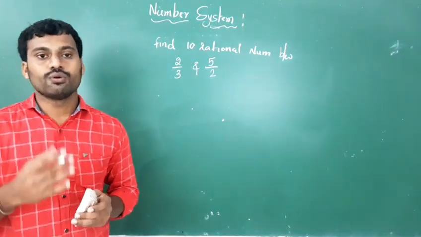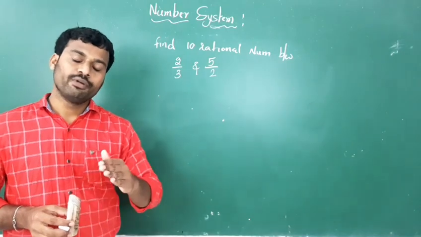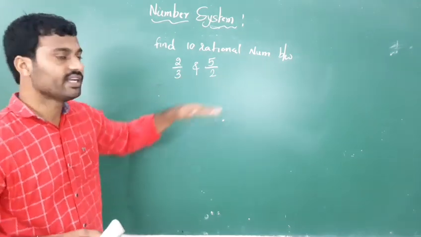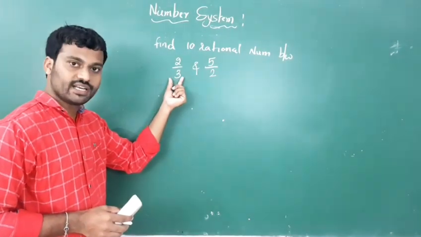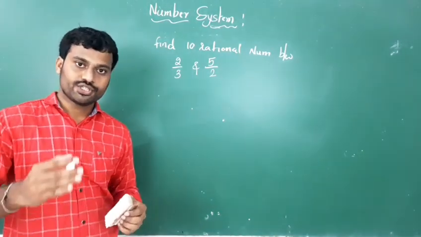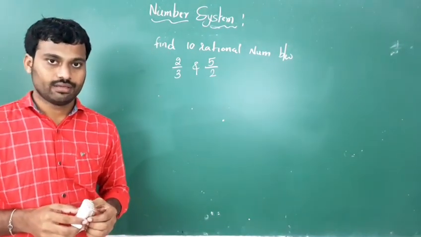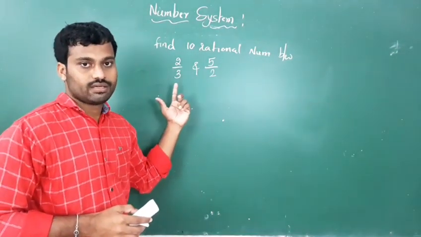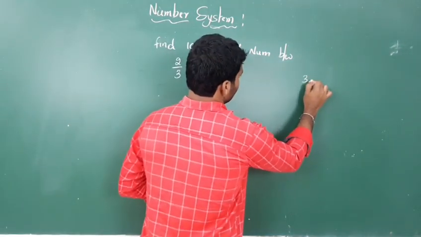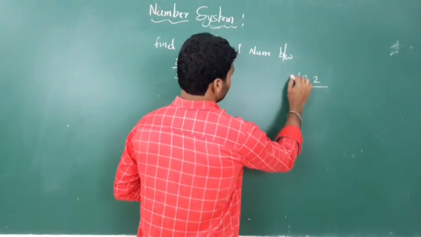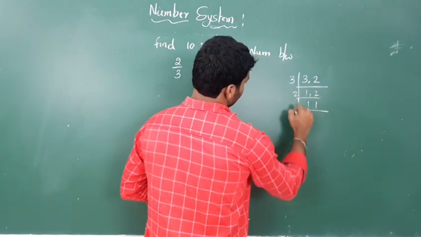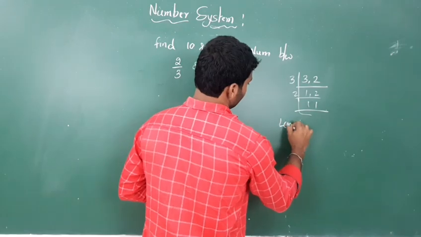So how to find those 10 rational numbers? Before going to that, we have to observe the denominators first. Here the denominator is 3, here the denominator is 2. The denominators are different, so first you have to make the same denominator. To make the two denominators the same, we should take the LCM.